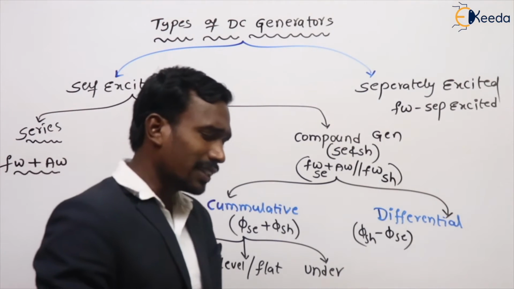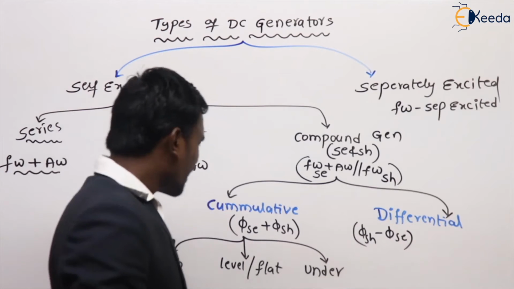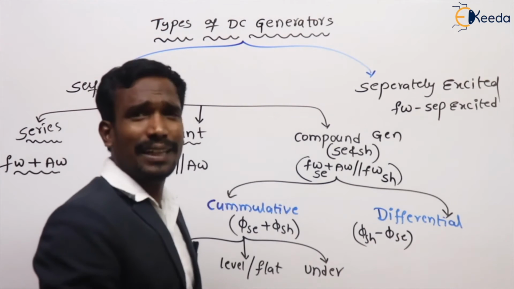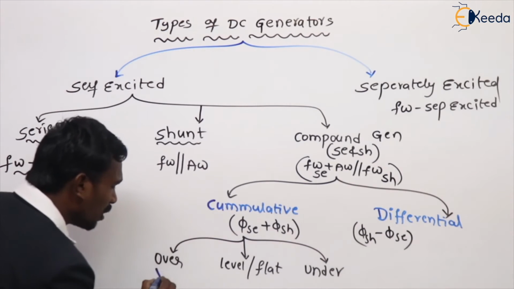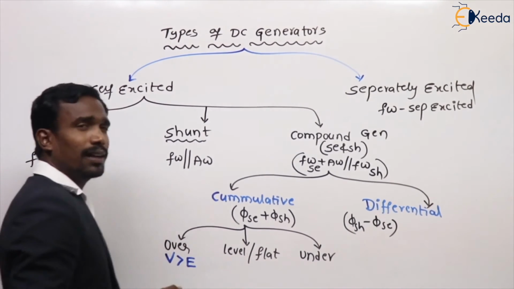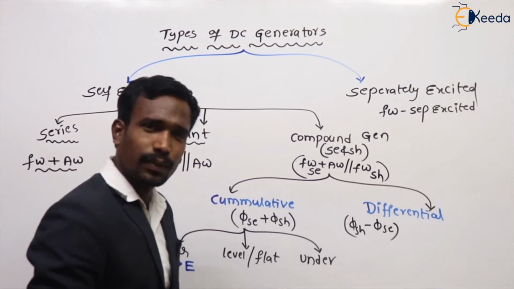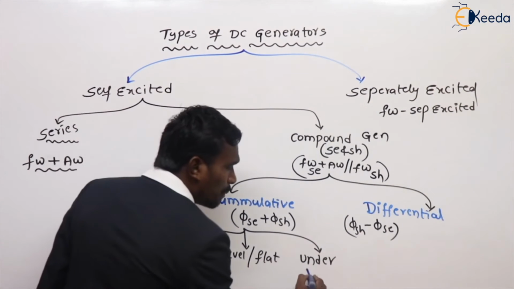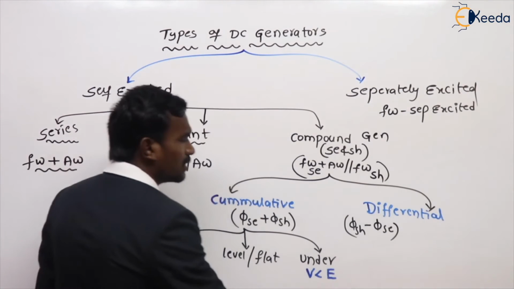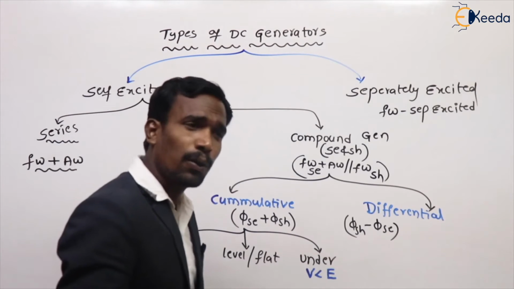These are the three types. Sir, what is over compound? In over compounding, the load voltage is greater than the no load voltage. What is under compound? The load voltage is less than the no load voltage.